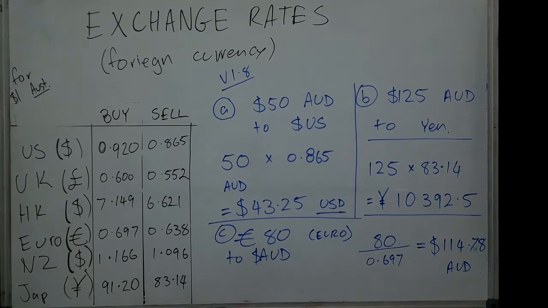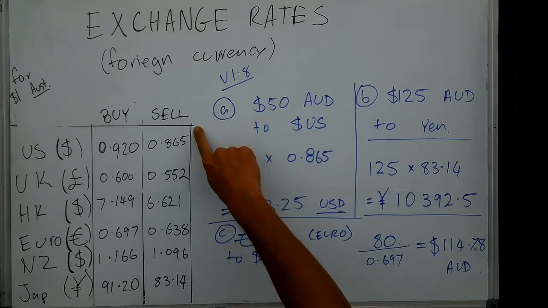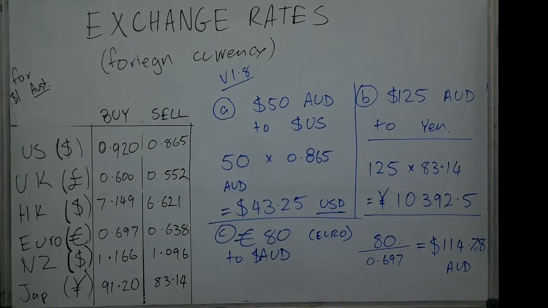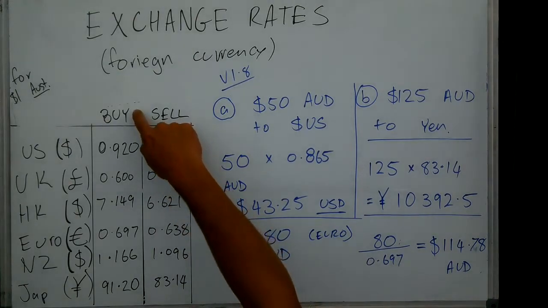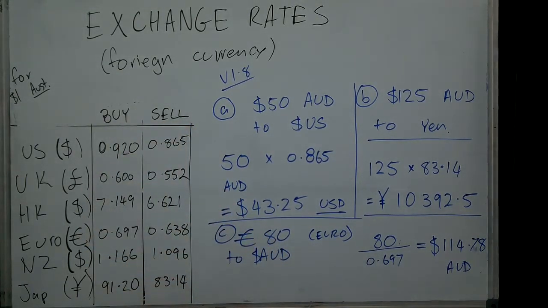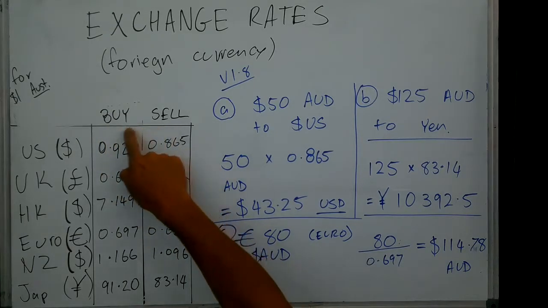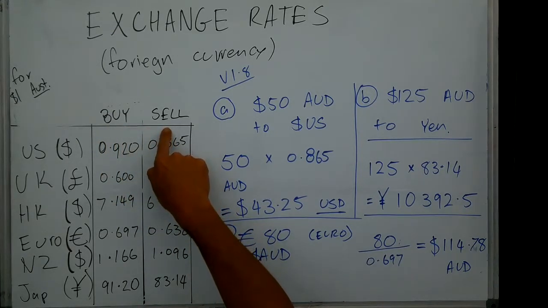So it's just a matter of understanding that if you're starting with Australian dollars and you're converting that to foreign, you use the sell rate. If you're starting with foreign money and you want to convert that back to Australian, you use the buy rate. Now, in saying that, that only refers to when we are exchanging currencies in Australia.